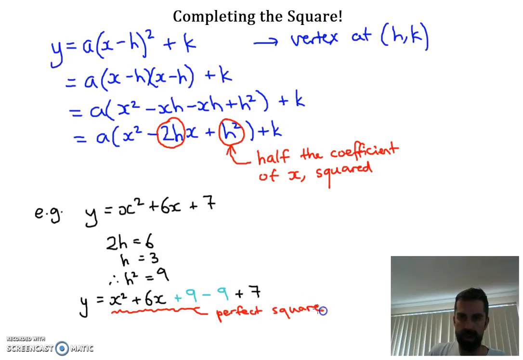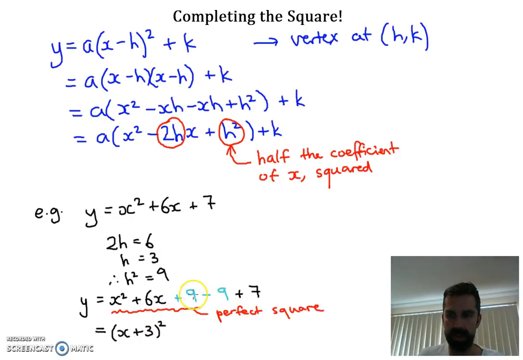So this is in the format that we're looking for. I've got 2h as my coefficient for x and h squared on the end. So that first part of the equation can actually be factorized as (x + 3) squared.